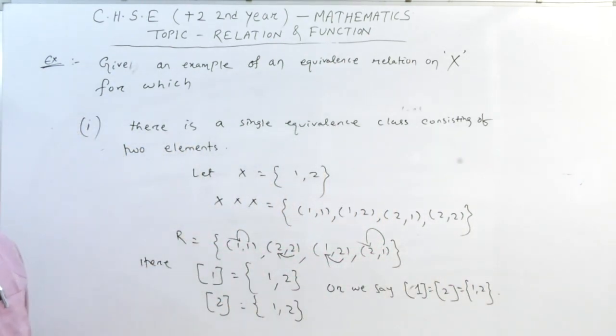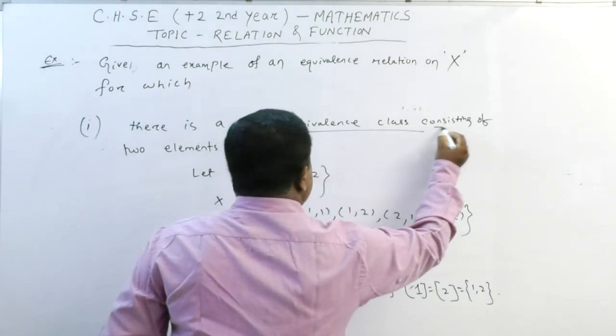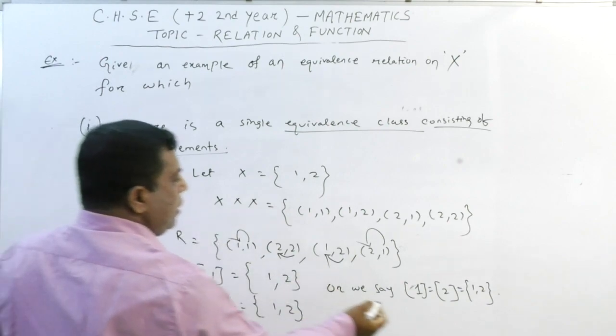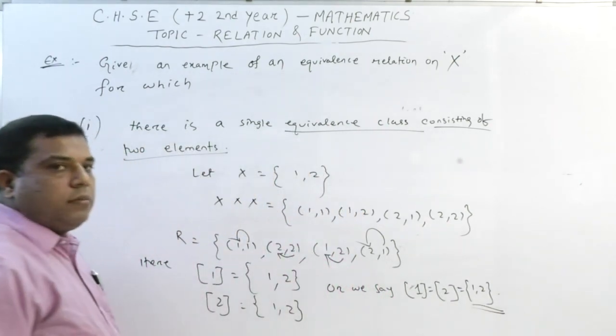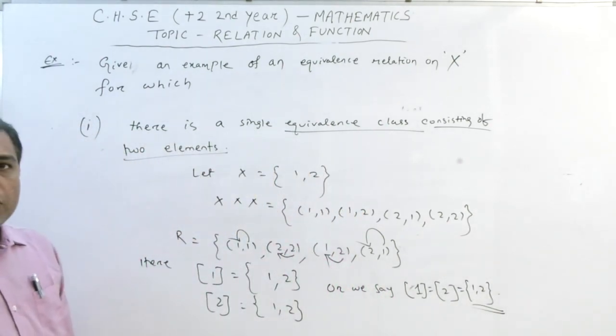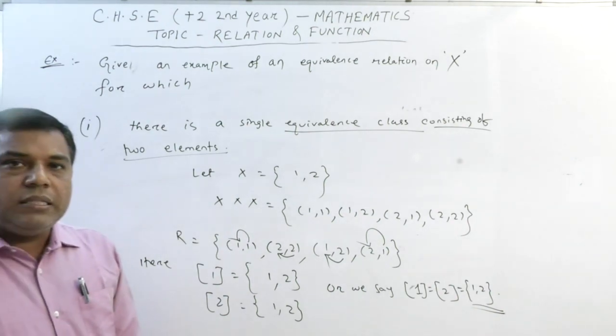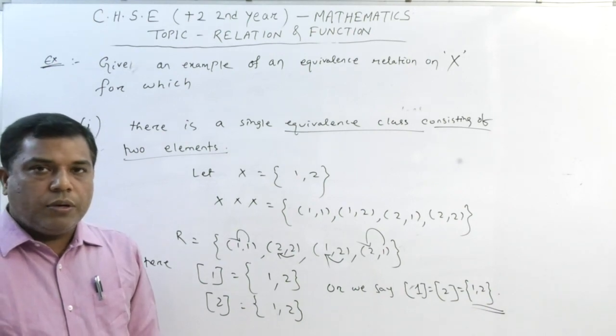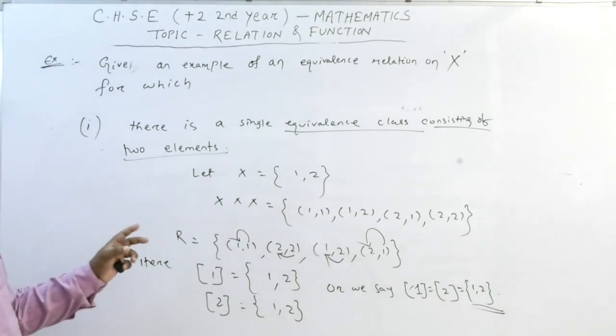So we are able to get an equivalence class consisting of 2 elements. In this way we can find different types of equivalence classes.